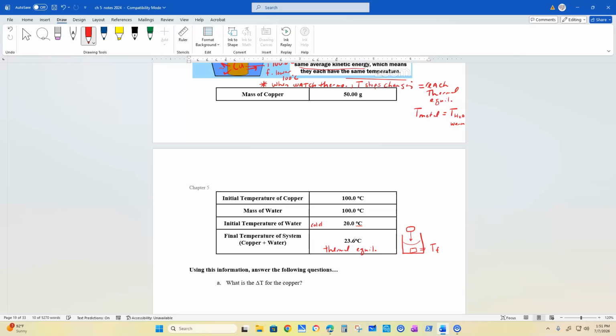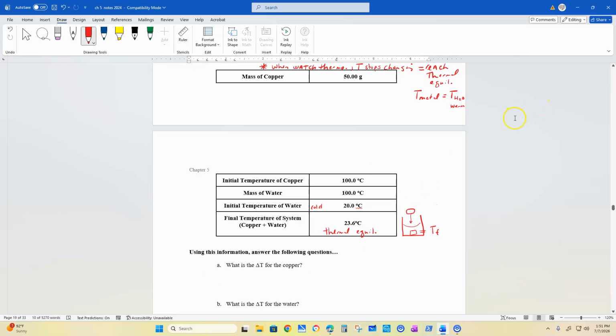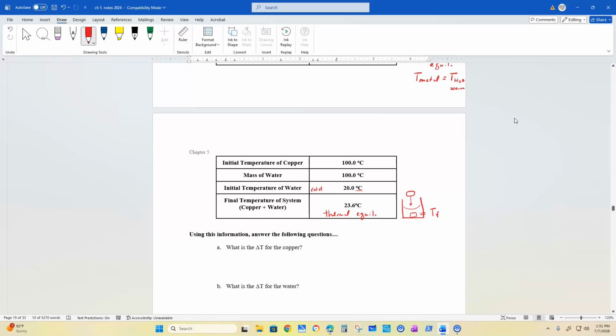Okay? So what are some sample calculations that you could be asked? What's the delta T for the copper? Well, it's final minus initial. The temperature of copper started at 100 and it went to 23.6. So when I subtract, with proper sig figs, 23.6 minus 100, I get negative 76.4 degrees.